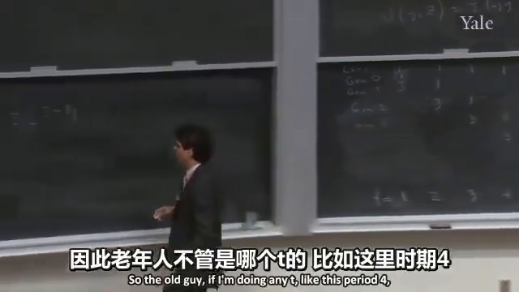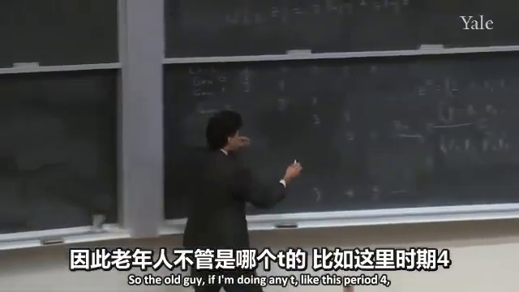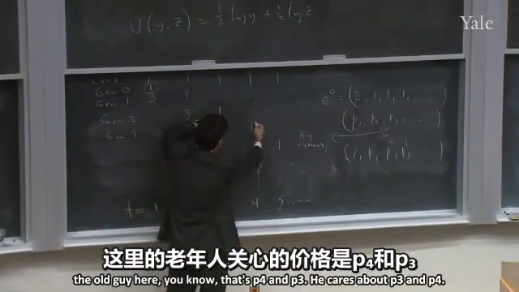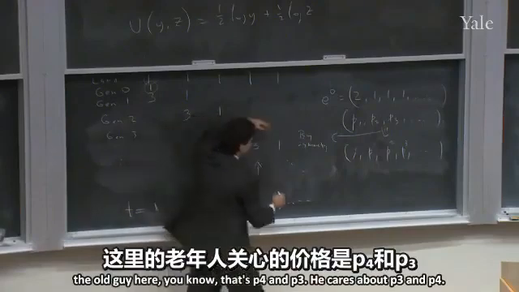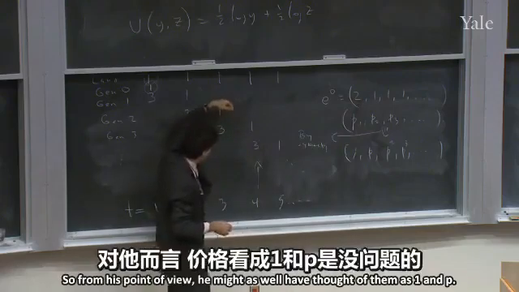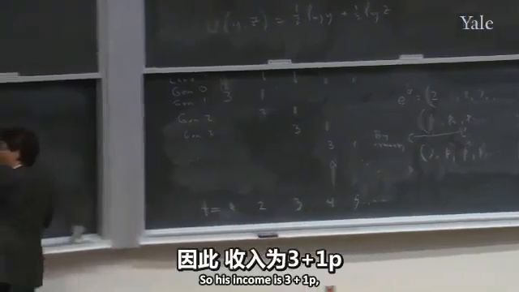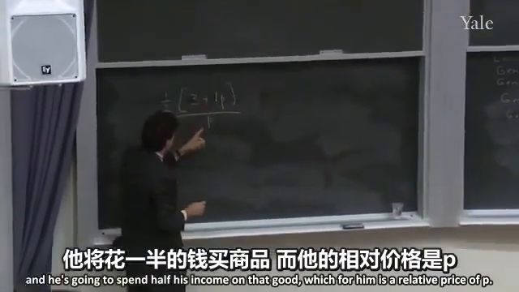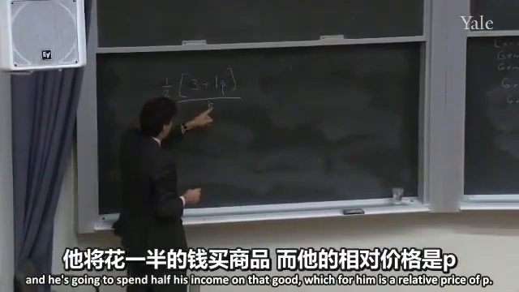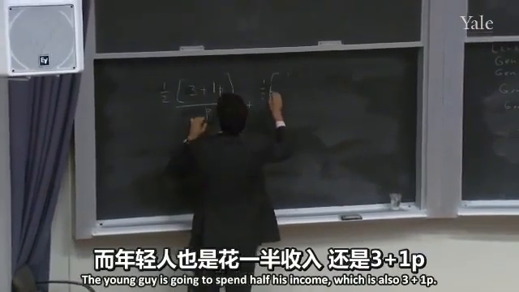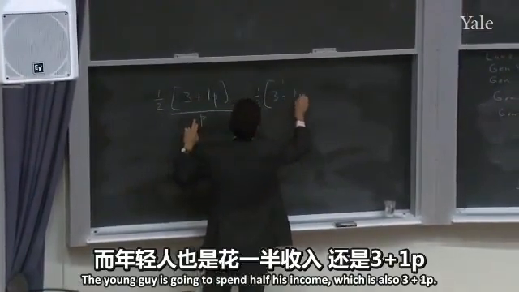So the old guy, if I'm doing any T, like this period 4, that's P4 and P3. He cares about P3 and P4, but he only cares about the ratio of P3 and P4, which is P. So from his point of view, he might as well have thought of them as 1 and P. So his income is 3 plus 1P, and he's going to spend half his income on that good, which for him has a relative price of P. The young guy is going to spend half his income, which is also 3 plus 1P.